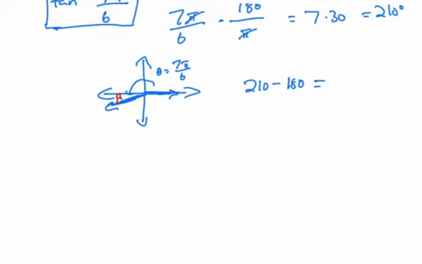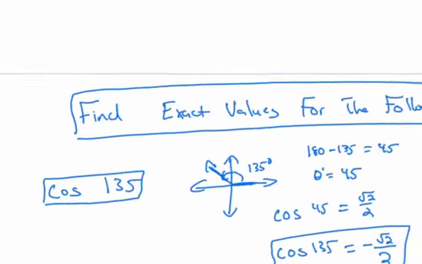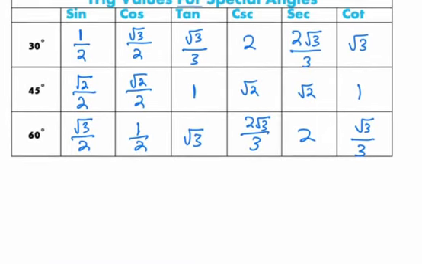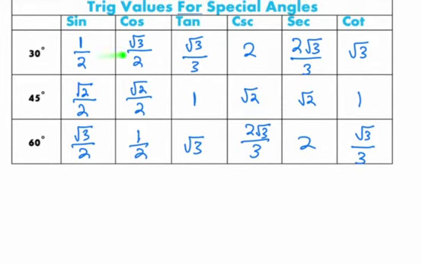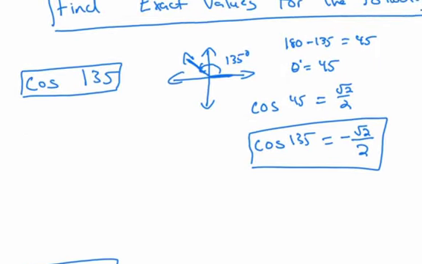So 30 is my reference angle, and I can go to my table up at the top for the tangent of 30. Let's go look at that. Square root of 3 over 3 is the tangent of 30.